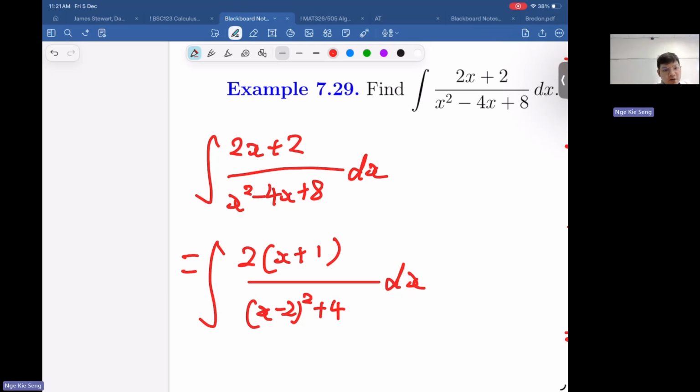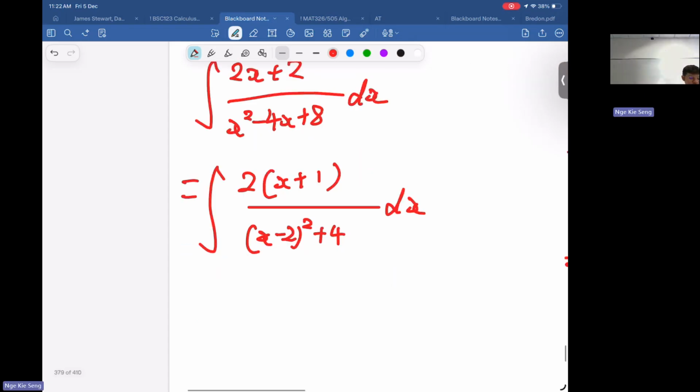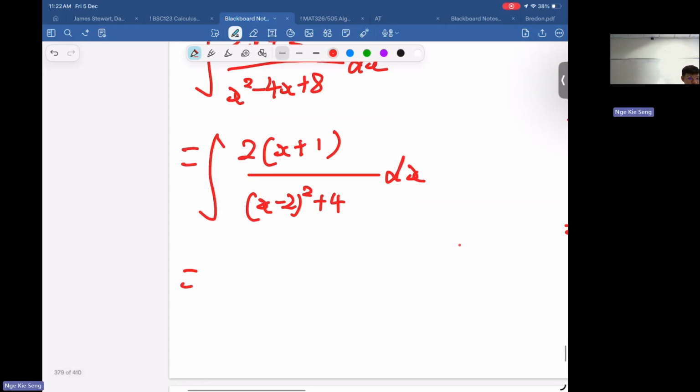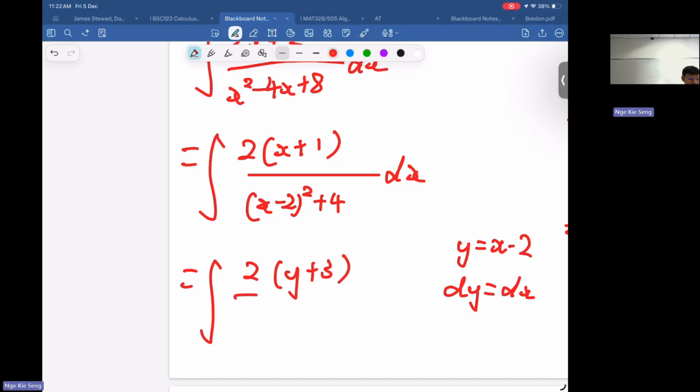What's the best way to continue here? I mean, one way to simplify is maybe I can let y equal to x minus 2, and then dy equals to dx, such that I'll get y plus 3 in the numerator, and the denominator gets y squared plus 4.